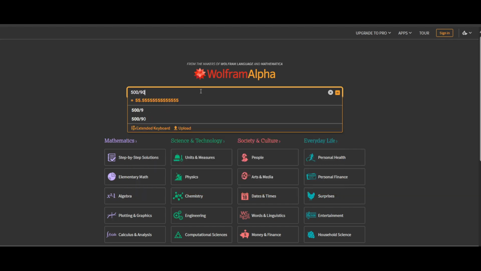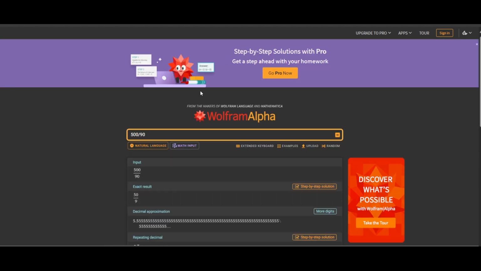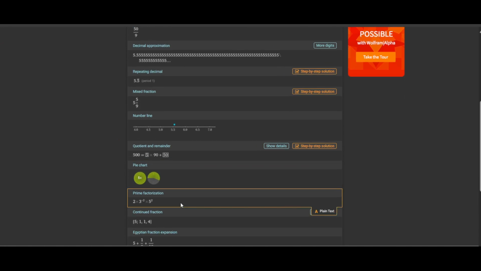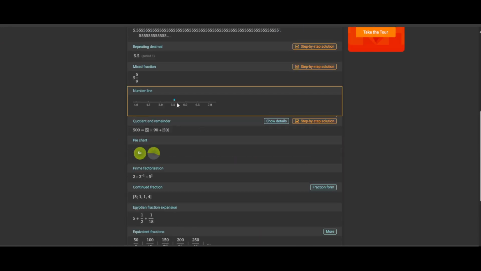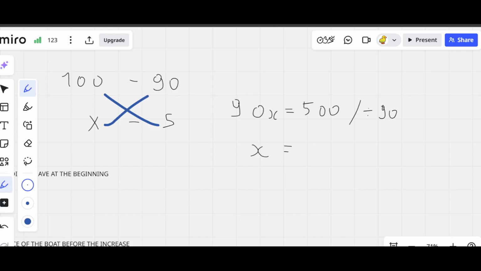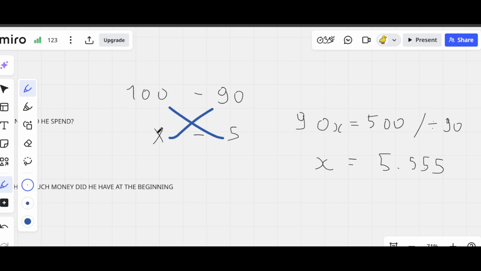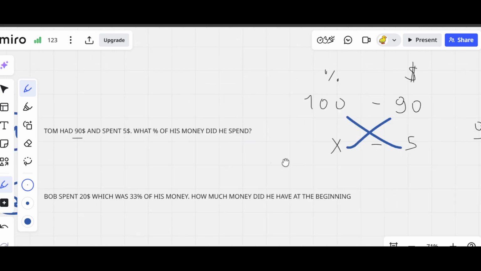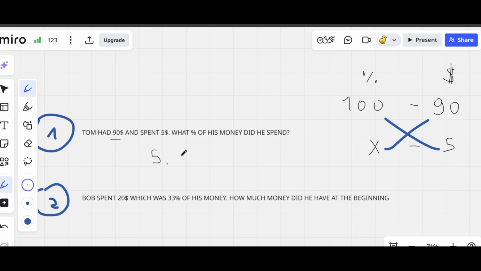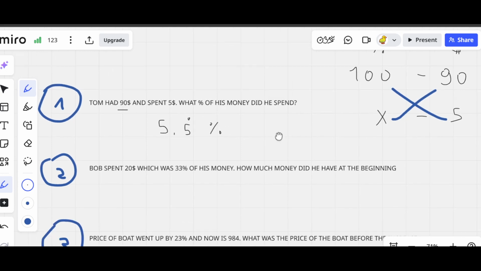This calculator is very good also for calculating more complicated things, but as we can see, it presents the answers in many different ways, but 5.555 is the final answer. And x was percentage, and on the right side we had dollars, so x is 5%. So he spent around 5.5% of his money.